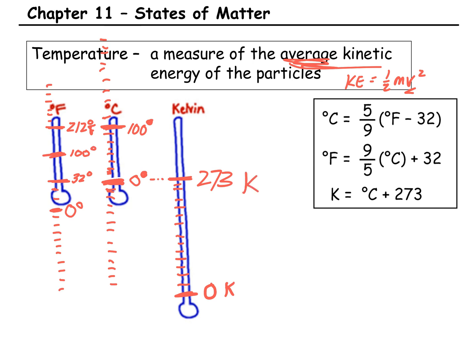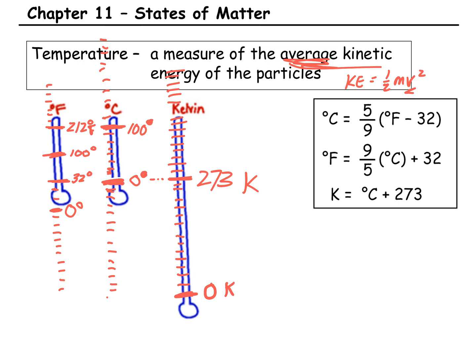So 0 degrees Celsius is 273 Kelvin. And then we can keep on going up above too, and theoretically there's no limit as to how high you can get on that scale.